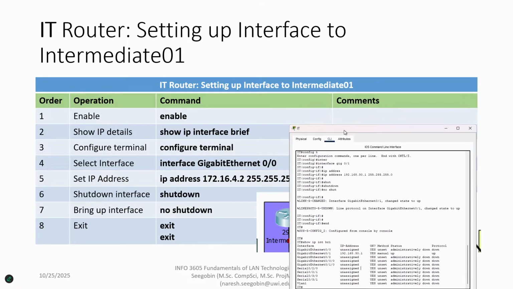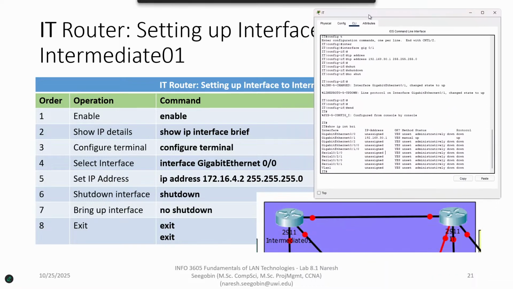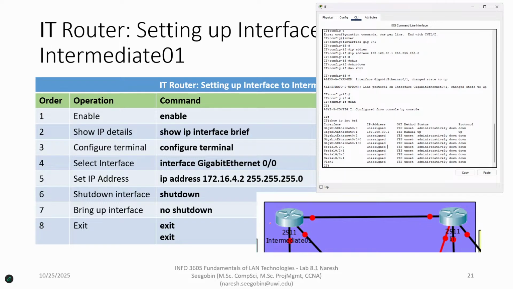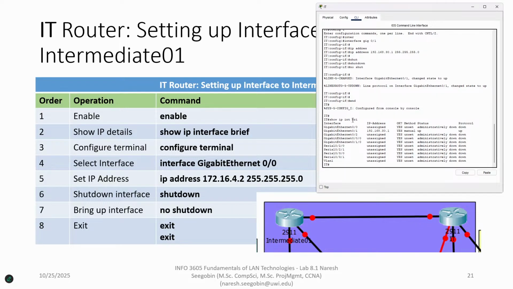Right, so now we're also going to set up the interface to intermediate 01. So with IT, you're going to go from right to left. That's what we're doing.